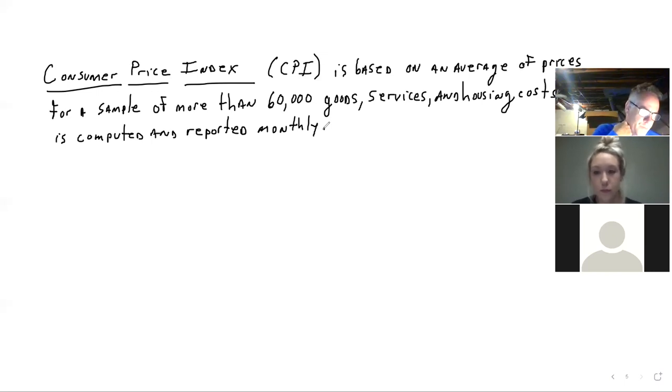And these represent an average of prices of sample goods, services, and housing, out of some 60,000 items. Now, how all that's collected and the index calculations themselves are pretty complex, beyond the scope of this class. But they are index numbers at the end of the day, and they're going to work just the same as what we have just been looking at.